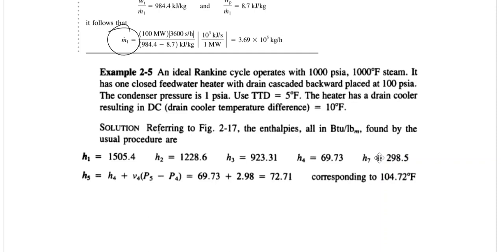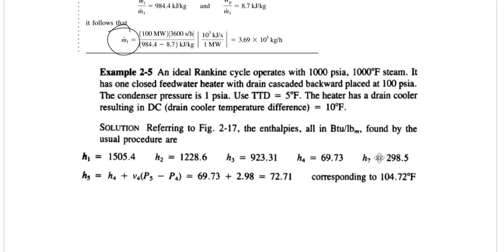The condensate pressure is 1 psi. Using TTD equal to 5 degree Fahrenheit, and the heater has a drain cooler, resulting in a drain cooler temperature difference, which is equal to 10 degree Fahrenheit.